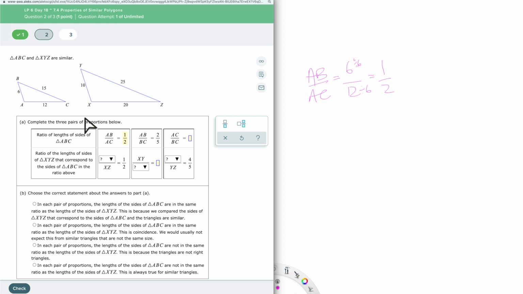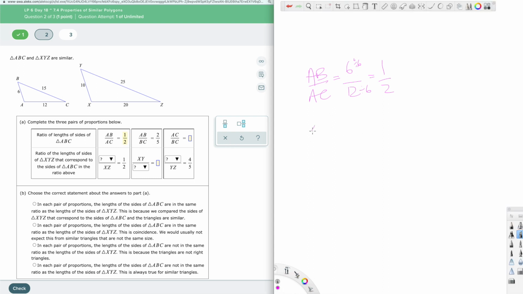AB over BC, they already did for us. And we can see if we did AB over BC, we would have gotten 6 over 15. They both divide by 3, which is where they got 2 over 5. They filled it in for us.